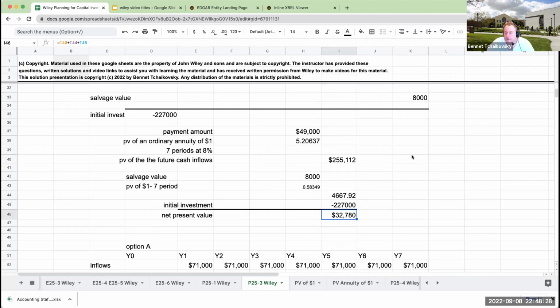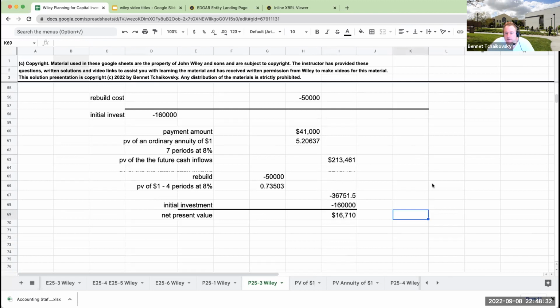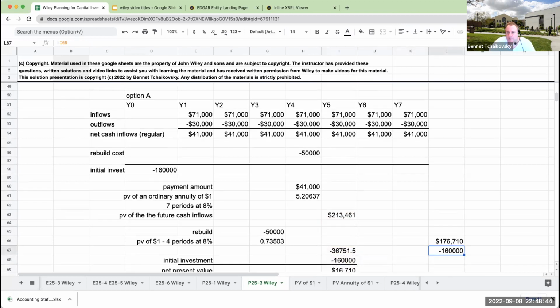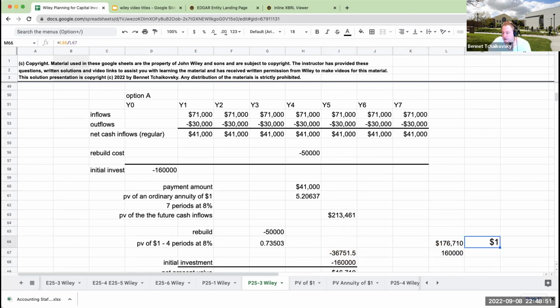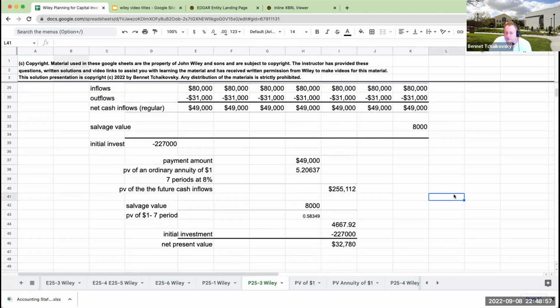The profitability index, what they're doing is taking the net cash flow and dividing it by the initial investment of 160. And so they're coming up with a profitability index of 1.1, which means that's probably how much it exceeds its initial investment by.